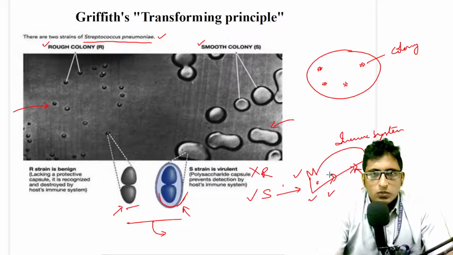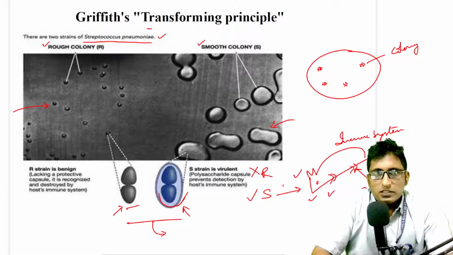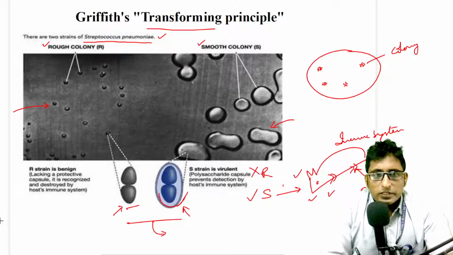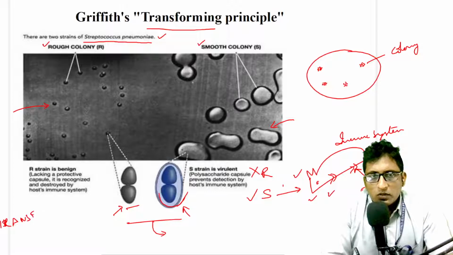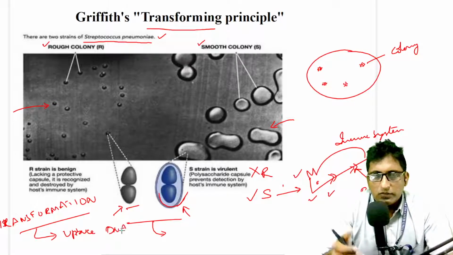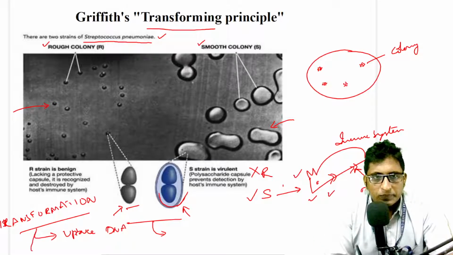And he noticed that one strain changes to the other strain. That is called, in the literal meaning of English, transformation. In biology, you will get the word transformation several times, and it may mean different things. Here, transformation in one case would mean uptake of DNA, usually with regard to prokaryotes, the bacteria.